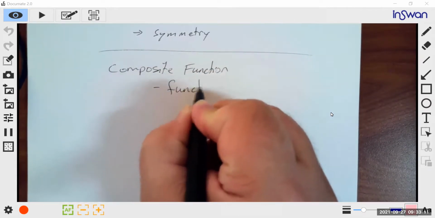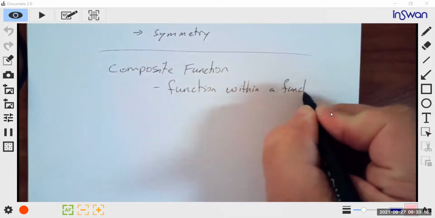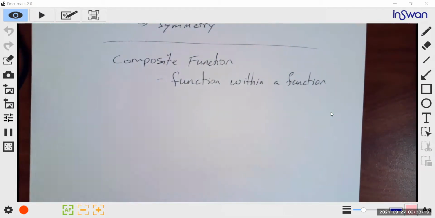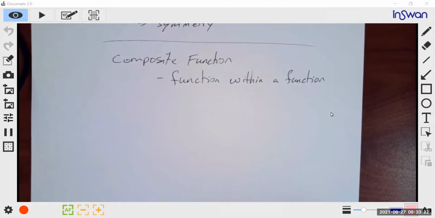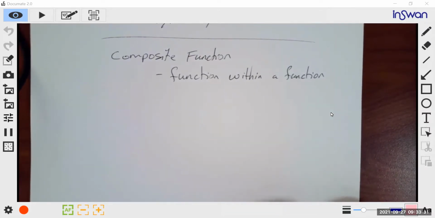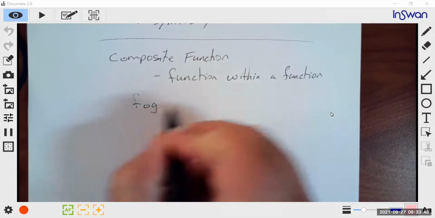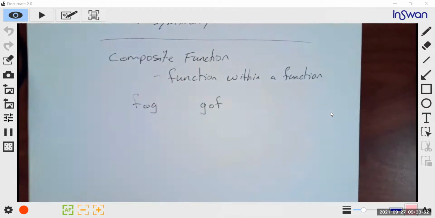A function within a function. Typically, if you ever talk to anybody else who's taken algebra and you talk about composite functions, you'll always refer to it as the Fogg and Goff method.